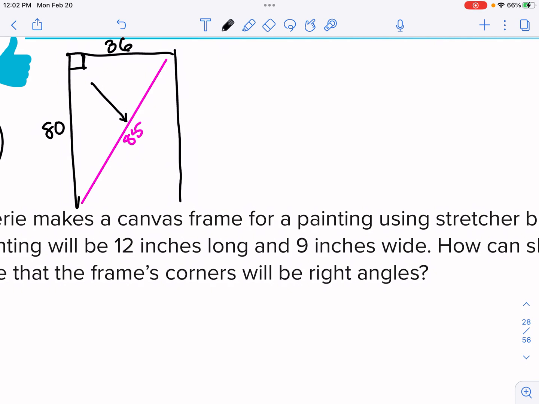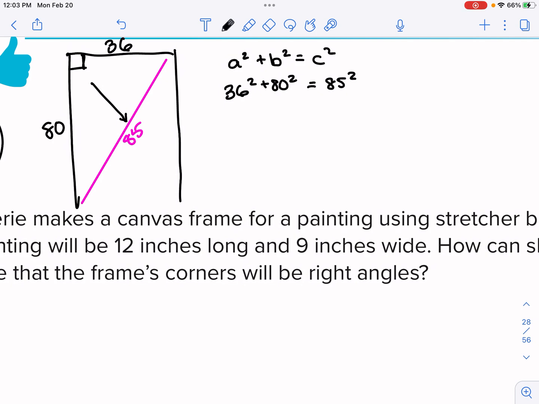If it's less than or more than, we'll see if it has enough room or not. So it's going to be A squared plus B squared equal to C squared. A is 36, B is 80, and C is 85.